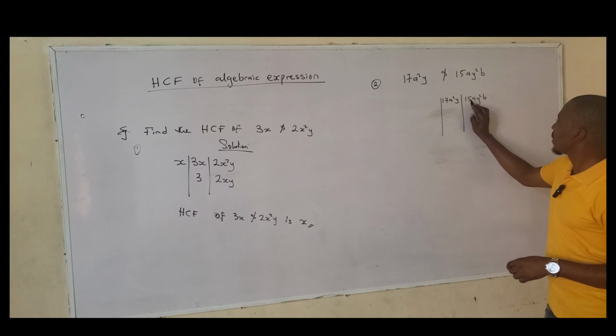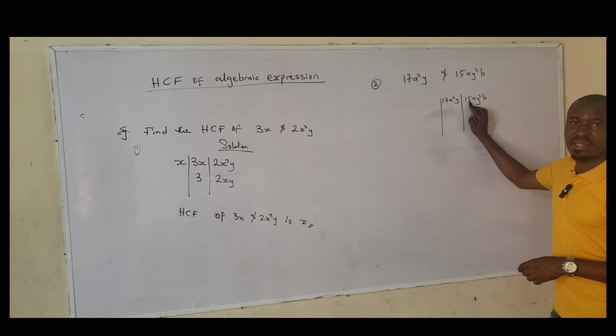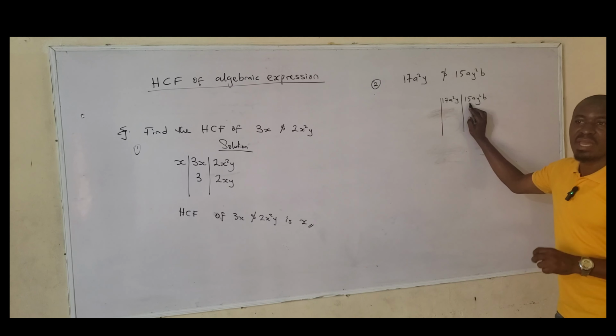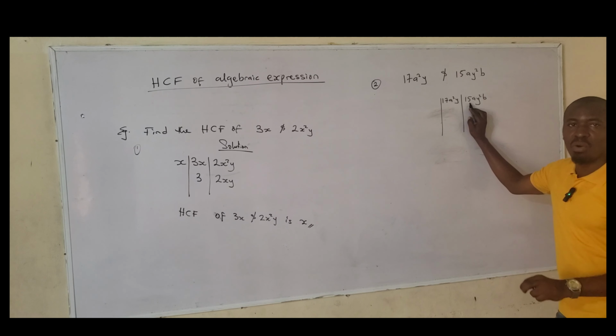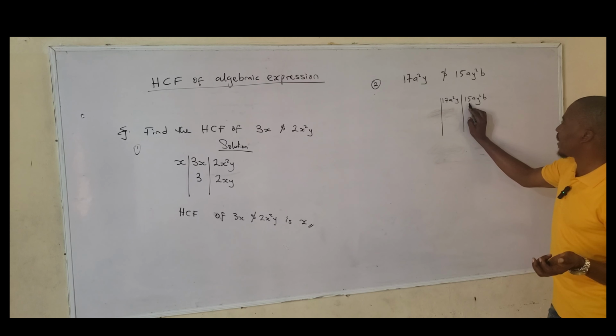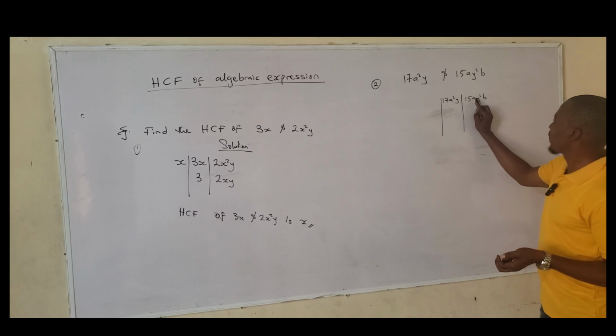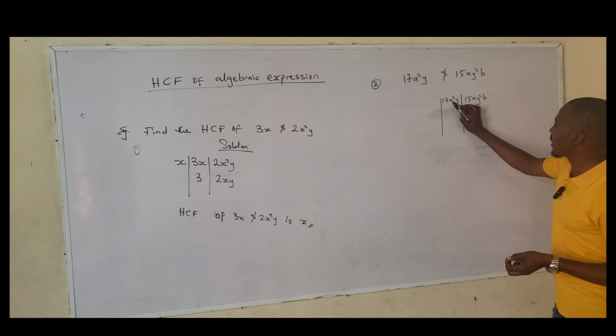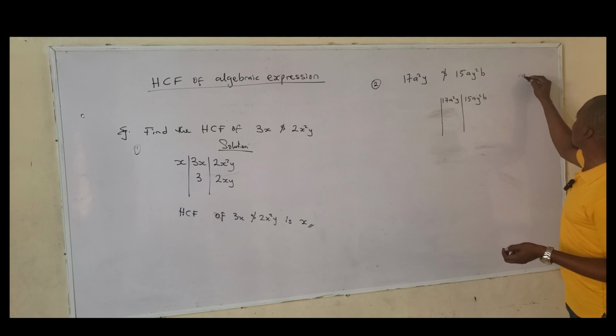So let's look at the numbers first. We have 17, we have 15. Is there anything that can divide these two numbers? No, because 17 and 15 do not have any common factor. So we cannot go by that. But there's an a here, there's an a here. There's one a here, there are two a's here.